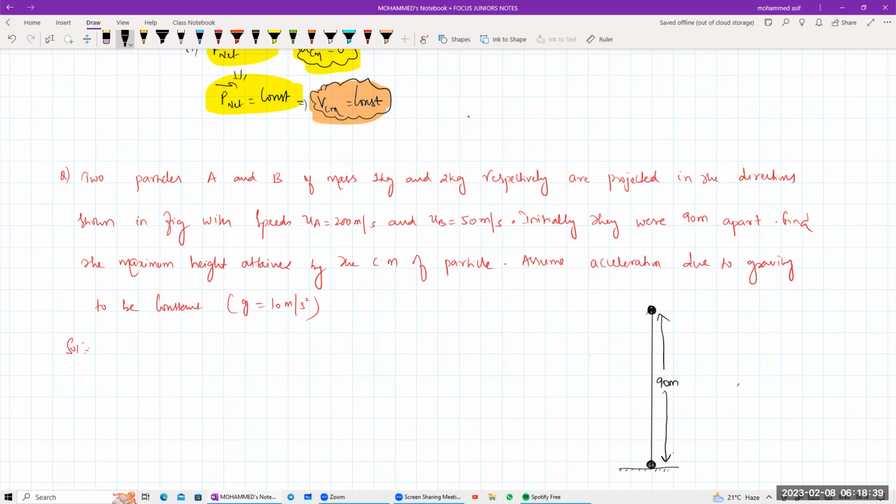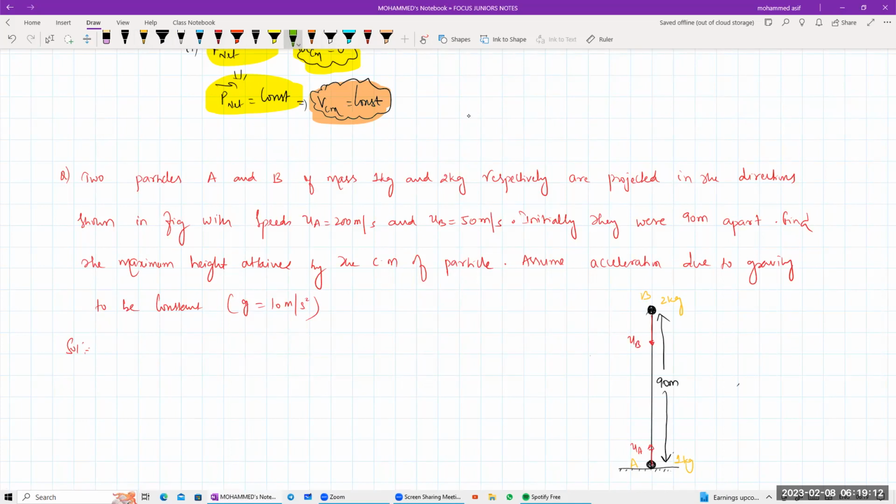So two particles A and B. Let's say this is A and this one is B, of masses 1 kg and 2 kg. तो इसका mass हो गया 1 kg and इसका mass हो गया 2 kg. They are projected in the direction shown in the figure. यानी this has been projected vertically upward, beta, with velocity U_A, and this is projected down with velocity U_B.